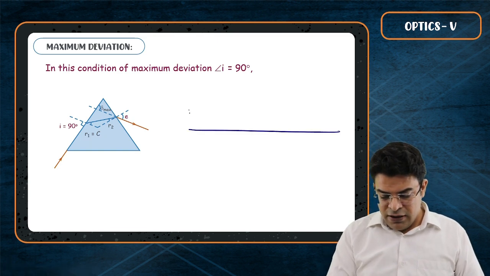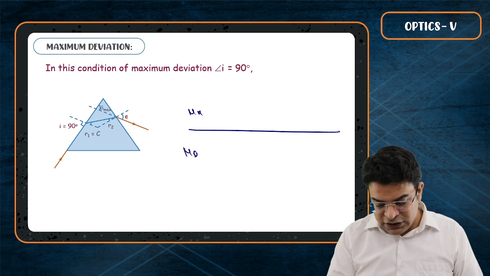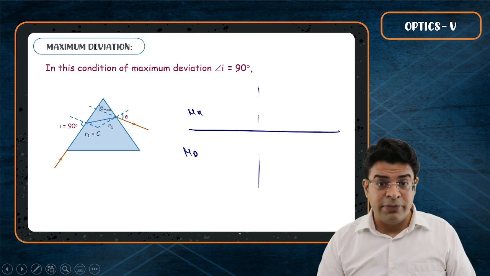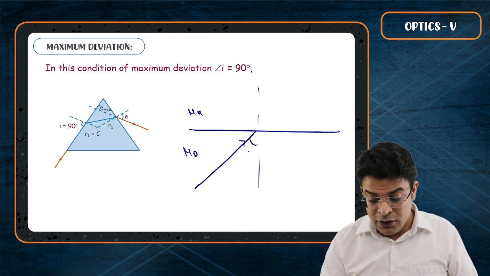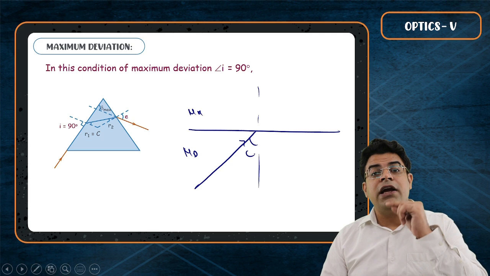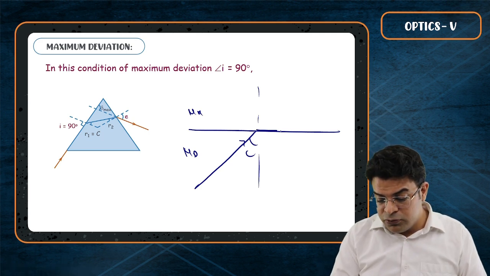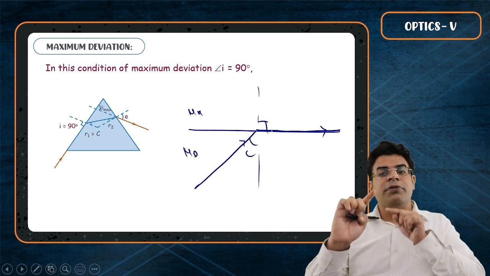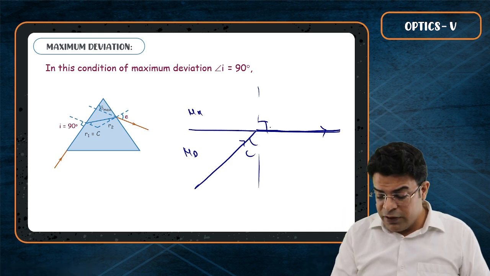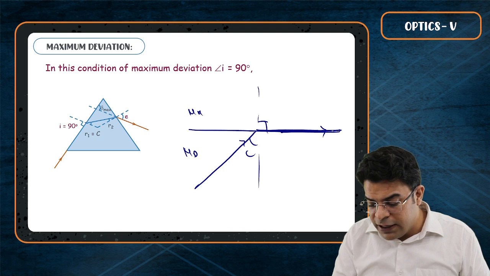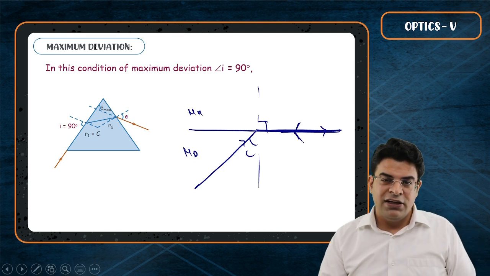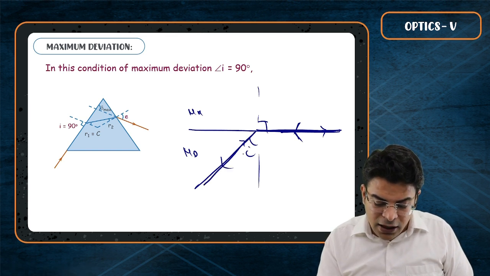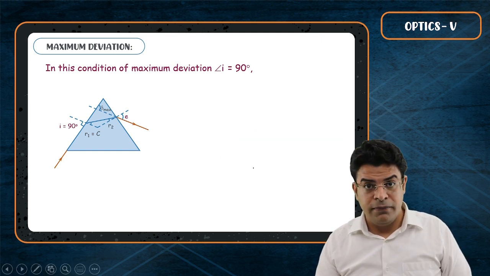Sir, if the ray of light travels in the denser medium at critical angle, then after moving into the rarer medium, it moves parallel to the surface. So this angle is 90 degrees. Then sir, from the principle of reversibility, if in the rarer medium a ray of light moves parallel to the surface, then after moving into the denser medium, it will move at an angle equal to critical angle.